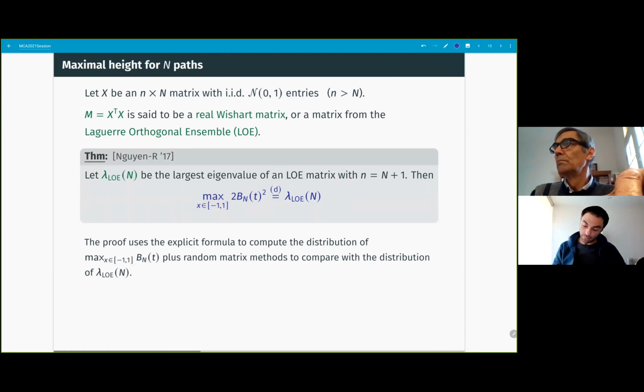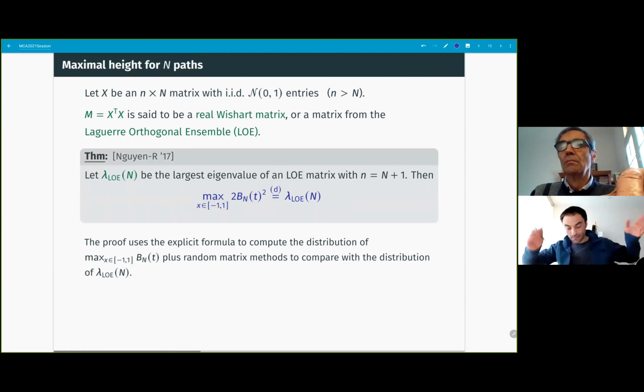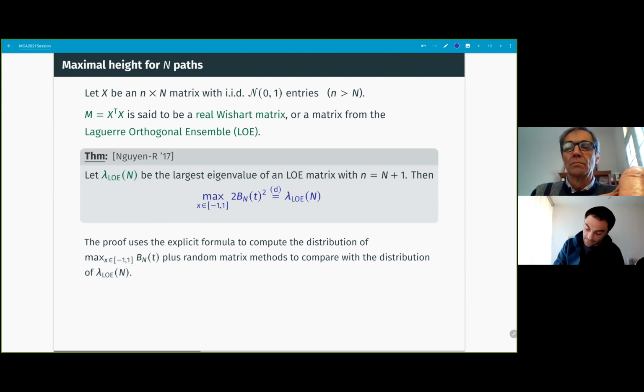You take a matrix X of size n+1 times n, and then compute X transpose times X. So this is just a sample covariance matrix if you want. Everything is real and Gaussian, and compute the eigenvalue of this. And that's the distribution you get on the right-hand side.